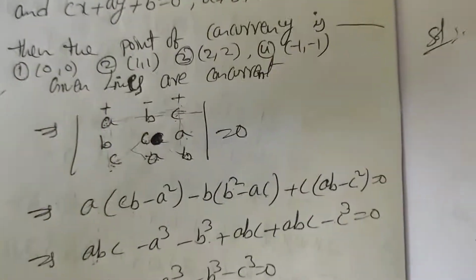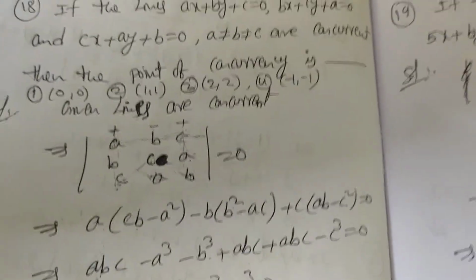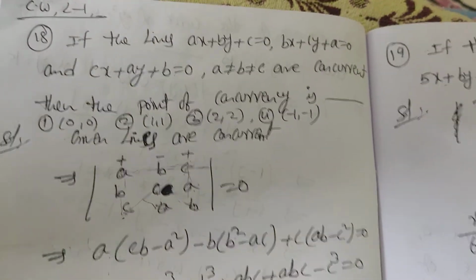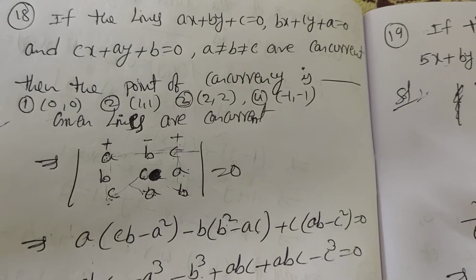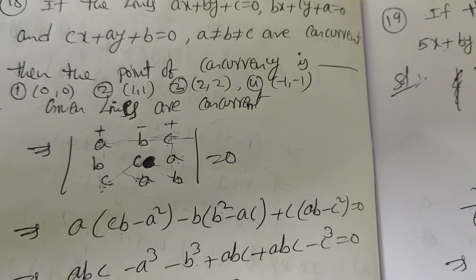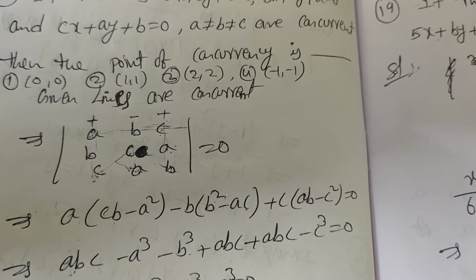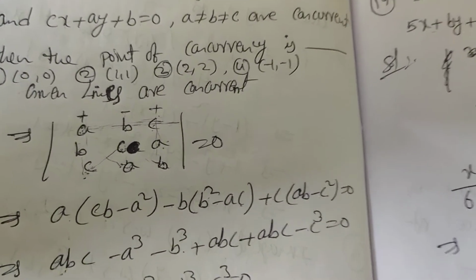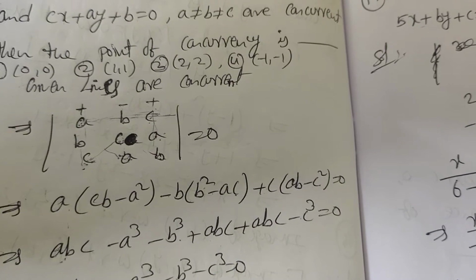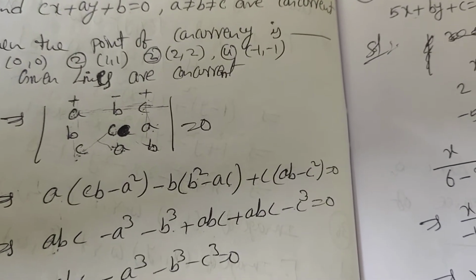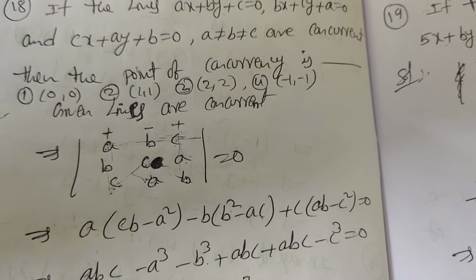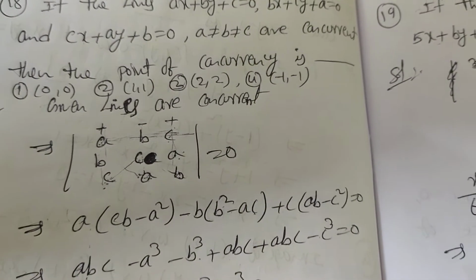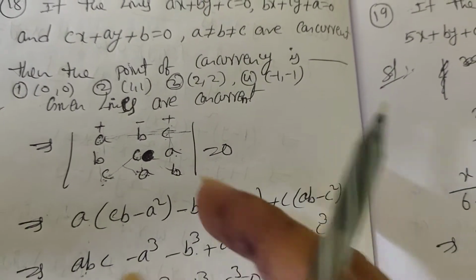So new joiners, just remember how to expand this determinant. I will take a class on matrices and determinants again soon. I don't know when it will be, but I will take it definitely.